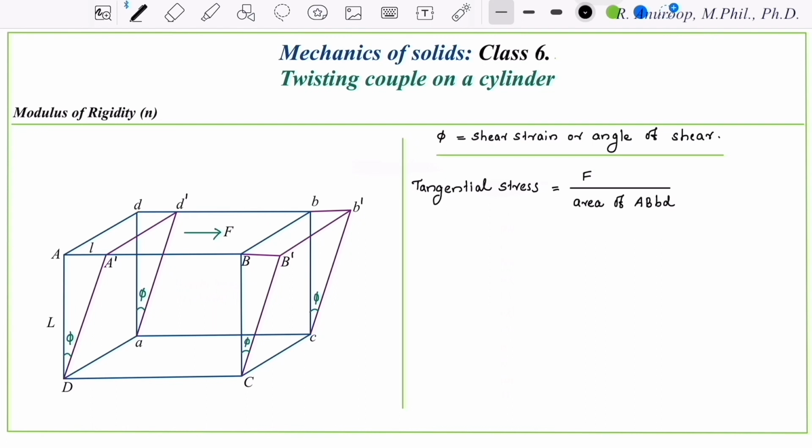Therefore, the tangential stress is tangential force divided by area of the upper face, that is F by A, where A is the area of the upper face, A, B, small b, small d.